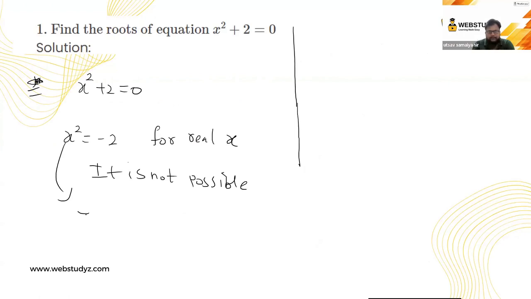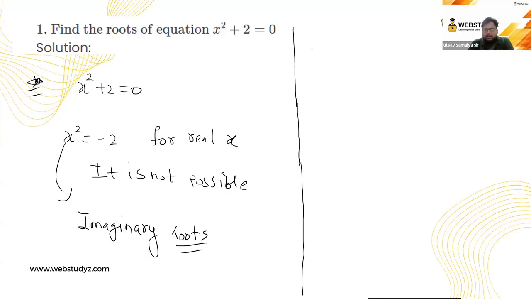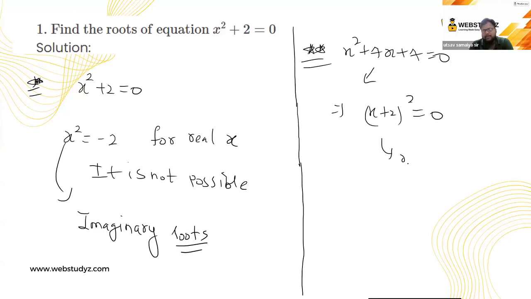This would give you imaginary roots. Okay. Now we had x square plus 4x plus 4 is equal to 0. This we can write as x plus 2 whole square is equal to 0. That would give us x equal to minus 2 and minus 2.